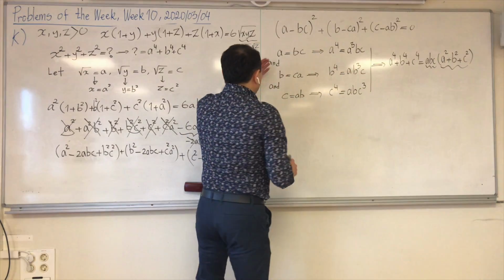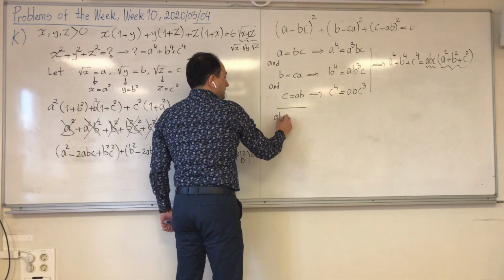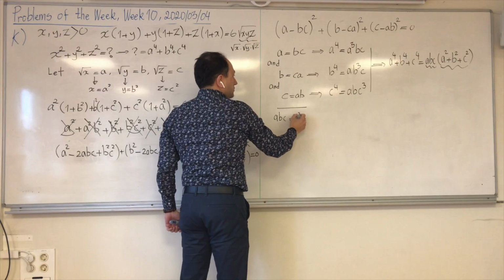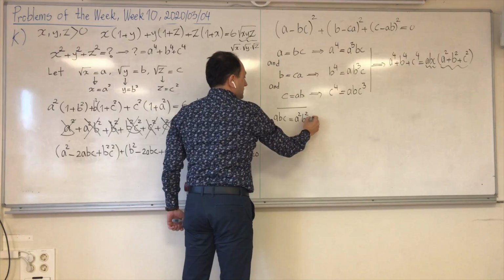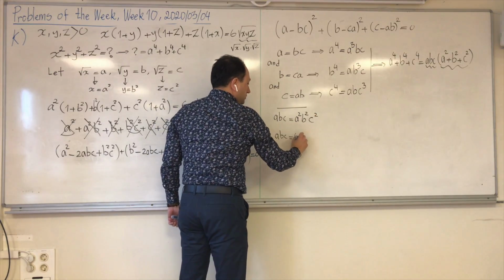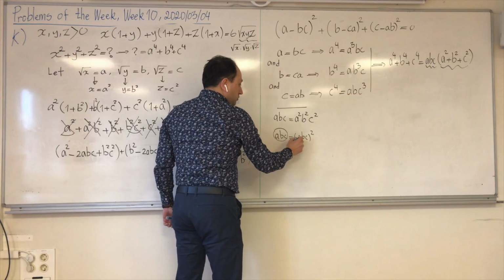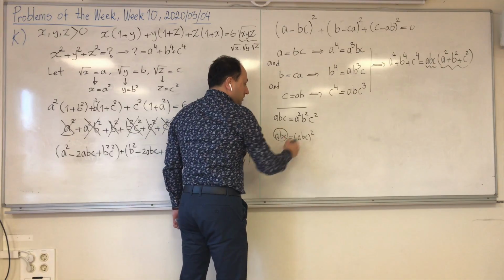How? Here, if you multiply everything here, this becomes ABC. On the right-hand side, I will have two a's, so it becomes a squared. I will have two b's, it becomes b squared, and I will have two c's, it becomes c squared. So then it means that ABC is equal to ABC to the 2. I have a number which is equal to its square. So either this number is 0 or that number is 1.